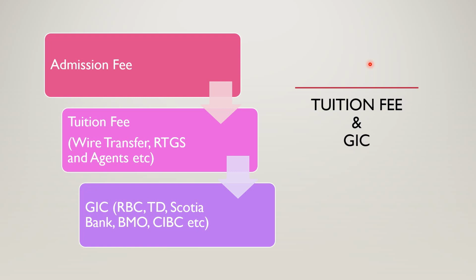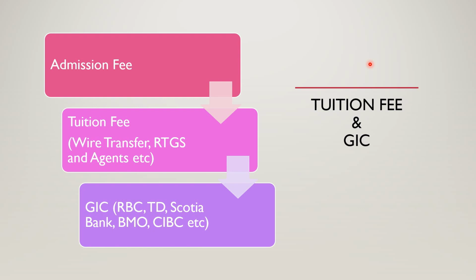To know more about all the things which I'm talking about in this video, you can find the links in the description below. So to pay the tuition fee, we have many ways, and I've mentioned them, like wire transfer, you can send using NEFT or RTGS, and you can also send through agents.